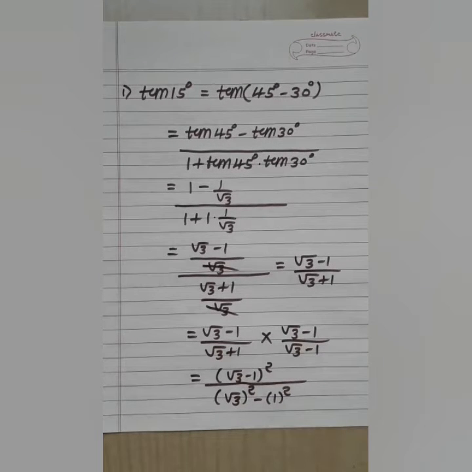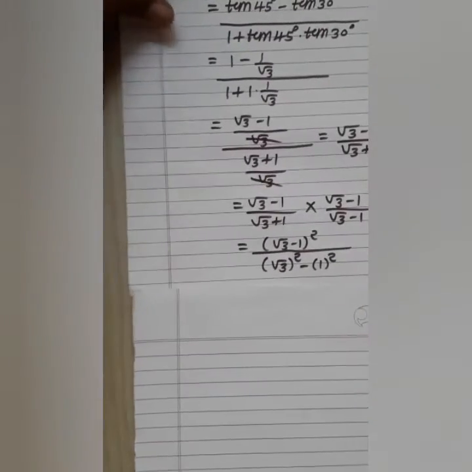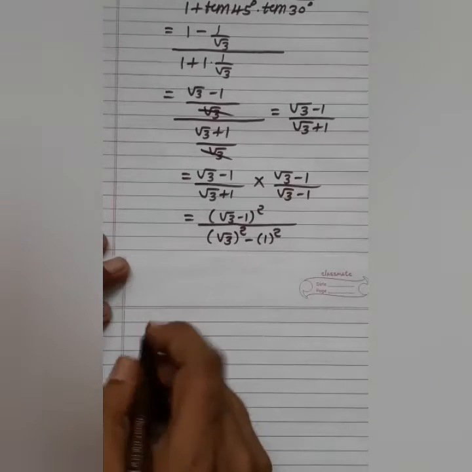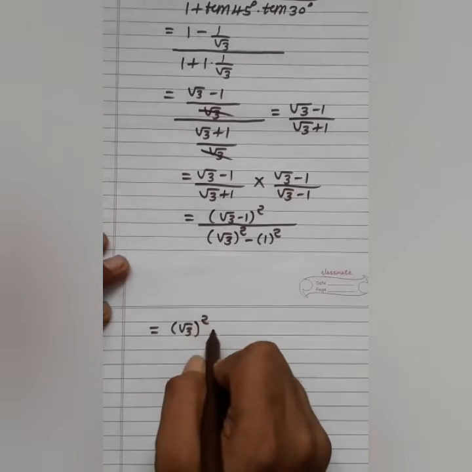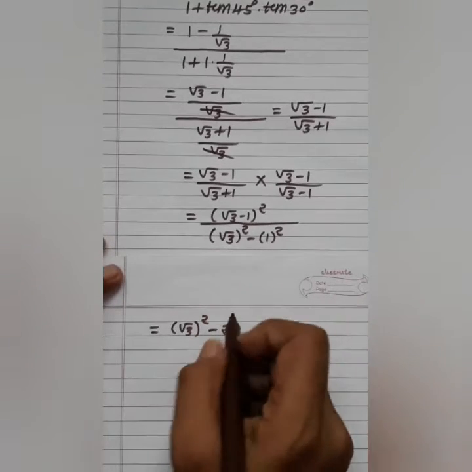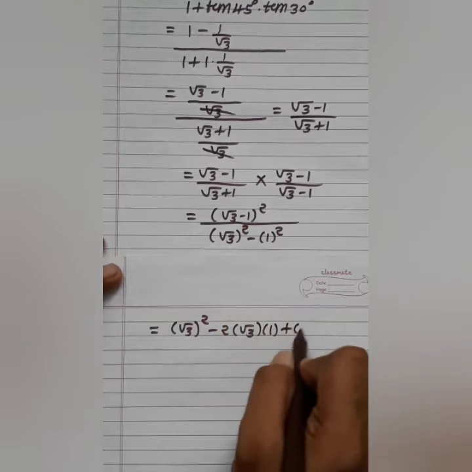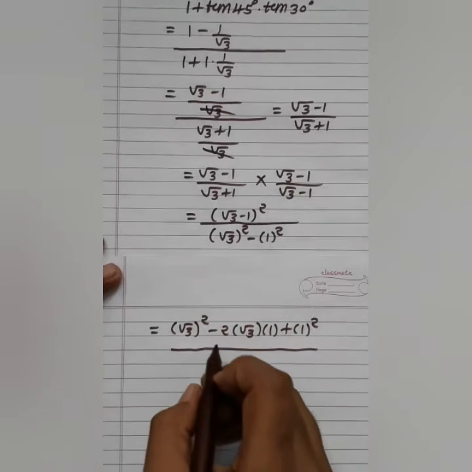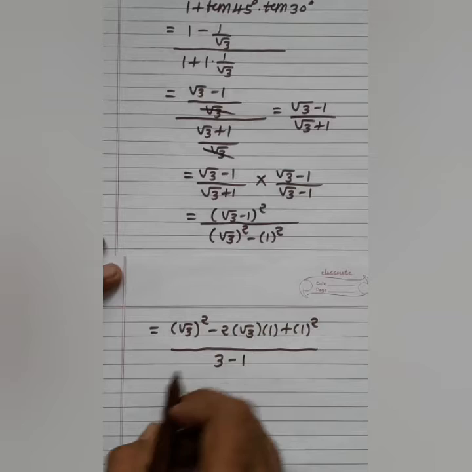In the numerator we apply the formula (a minus b) whole square, that means under root 3 whole square minus 2 under root 3 into 1 plus 1 whole square, upon, in the denominator, under root 3 square, that means 3 minus 1.